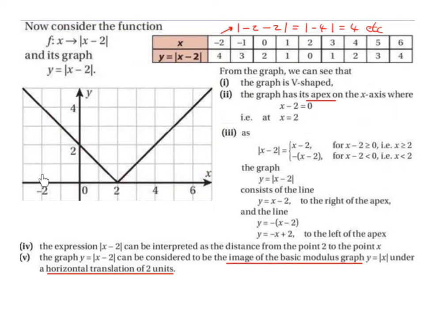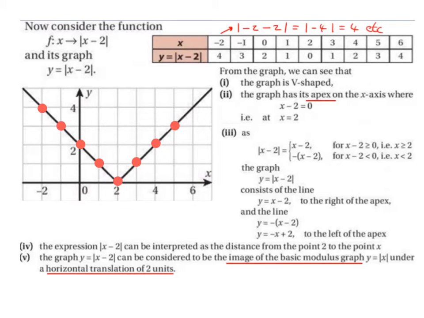So if we want to plot them on our x, y axis, we have minus 2, 4, which is here. Then minus 1, 3. Then 0, 2. Then 1, 1. Then 2, 0. Then 3, 1. Then 4, 2. 5, 3.